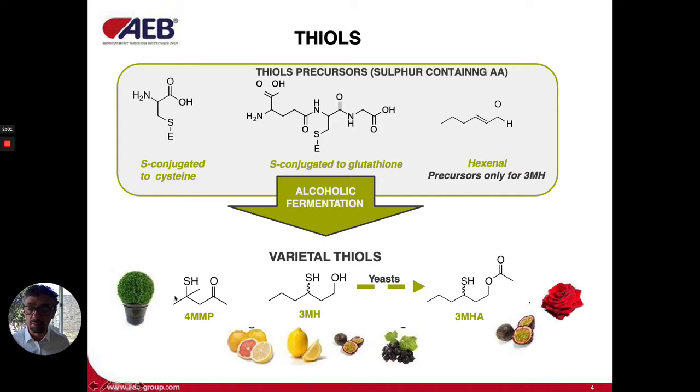The 4-MMP is normally more identified as box tree, as even cat pea. The 3-MH, a little more citrusy. 3-MHA, guava fruit, more tropical. If we have thiols in red grapes, certainly on Grenache, for example, we can have blackcurrant aromas, so slightly different in a different matrix.